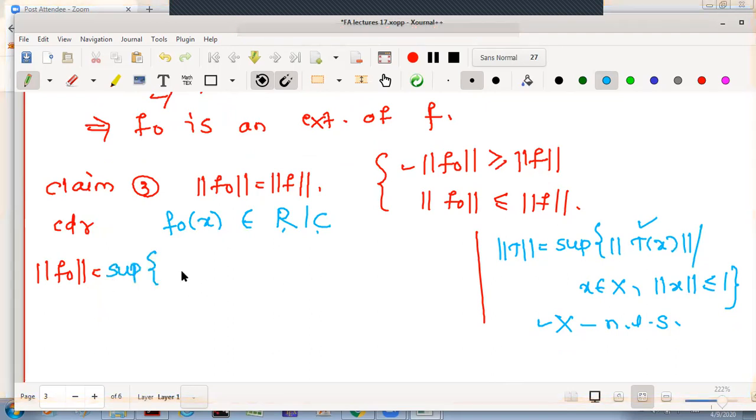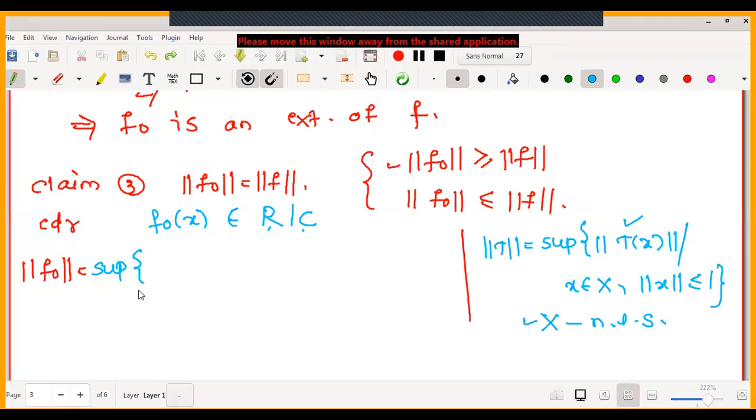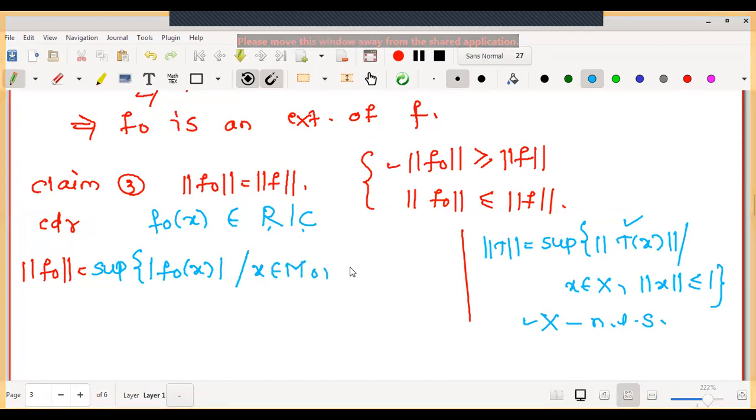Therefore, this is the supremum of mod f naught of x on the condition x belongs to M naught and norm x is less than or equal to 1.